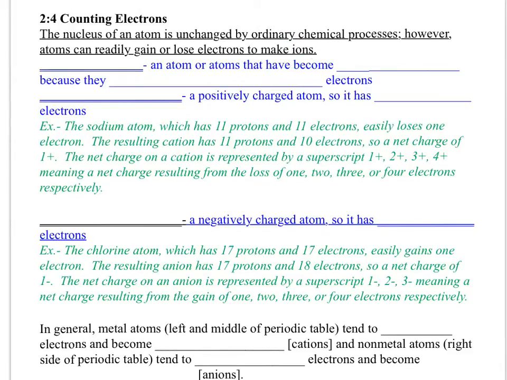So an ion is an atom or atoms that have become charged because they have gained or lost electrons.